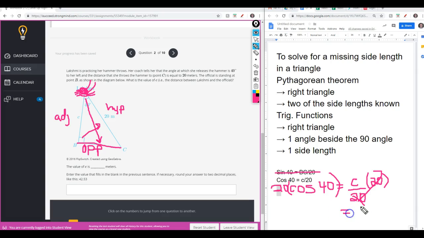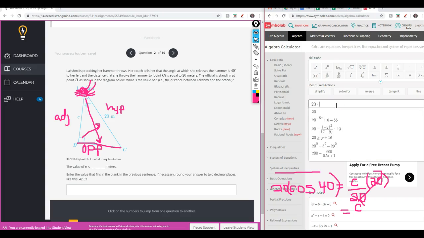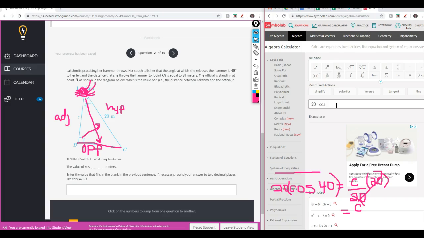So I would be left with c on this side and 20 times cosine of 40 there. So then I'd jump over to a calculator and type in 20 times cosine of 40.